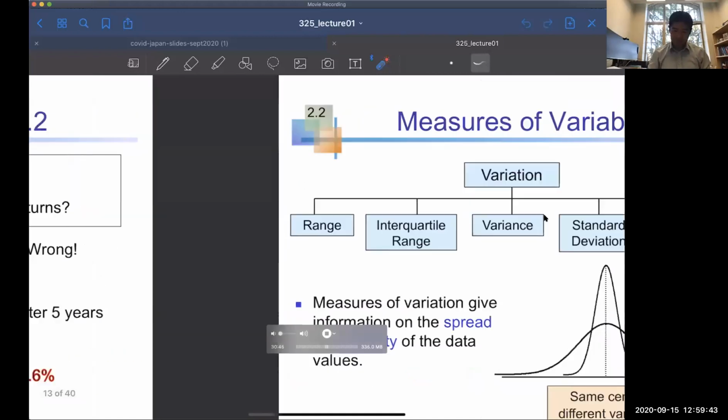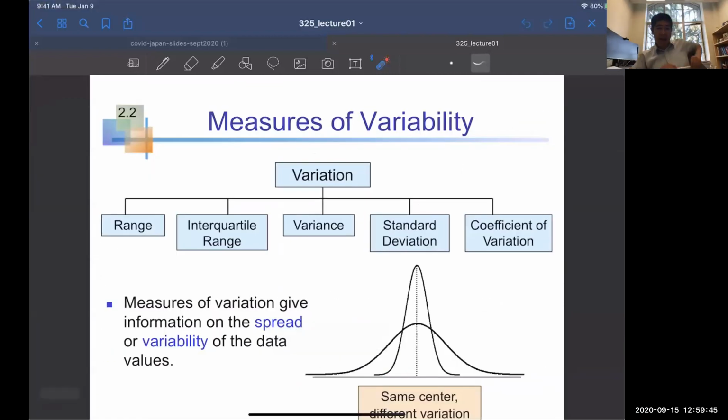Okay. All right, so that is that, and then I wanna now talk about measure of variability, okay? So mean and the median is about where the location of the distribution is, okay?